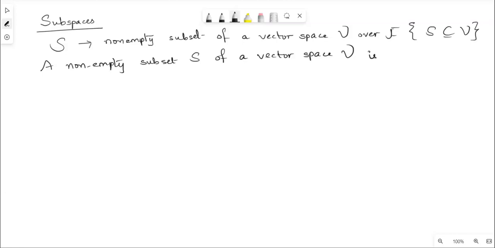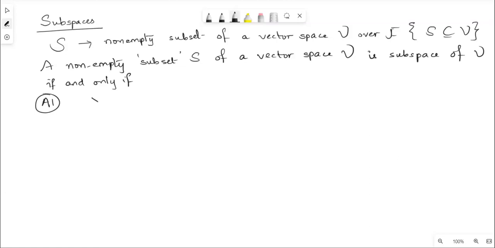So let us reiterate once again. We say formally that a non-empty subset S of a vector space V, we call it a subspace of V if and only if it satisfies the closure property under vector addition and scalar multiplication.